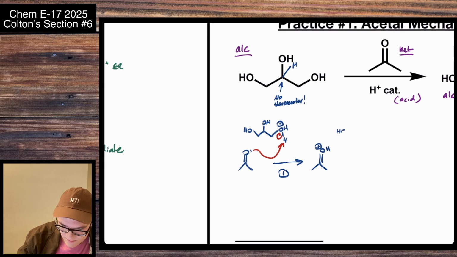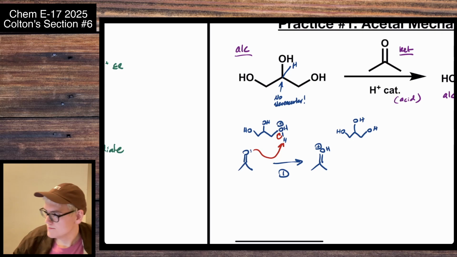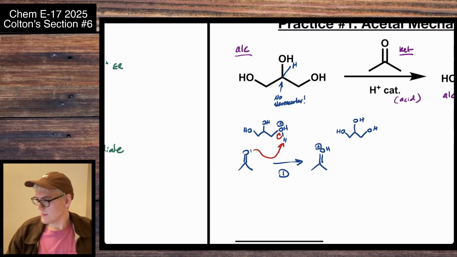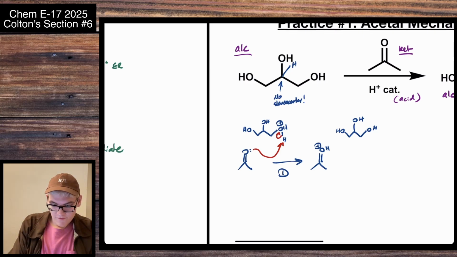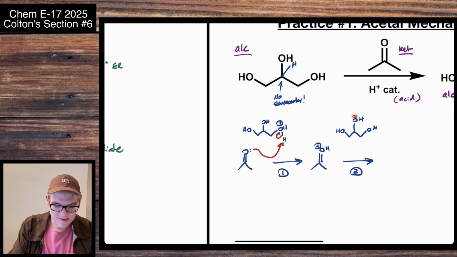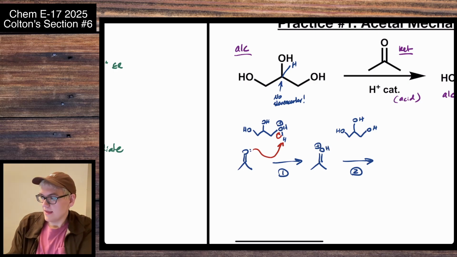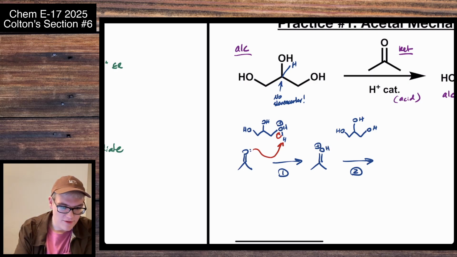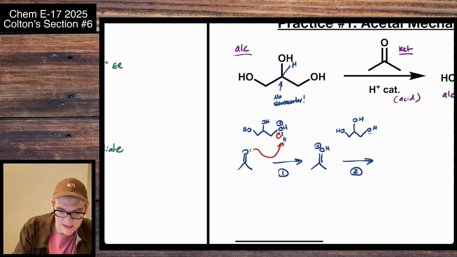Now that we have protonated it, we have made it a good electrophile. So now over here, we have for our second step, the alcohol nucleophile attacks the carbonyl electrophile. And for this alcohol, we could have any one of these attack. It does not matter which. So just for the sake of argument, I am going to have the far one go and attack. But any of them would work.